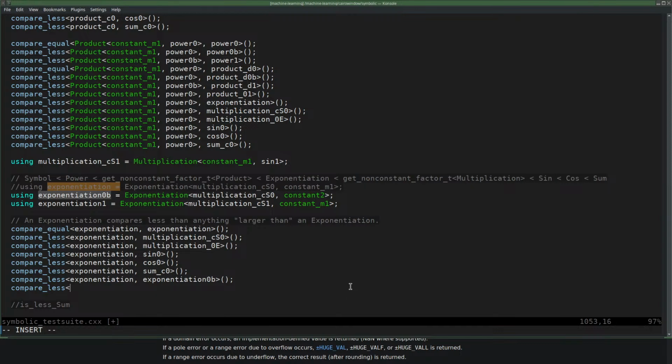And this one should be less than this one, because the base is less, even though the exponent is larger.